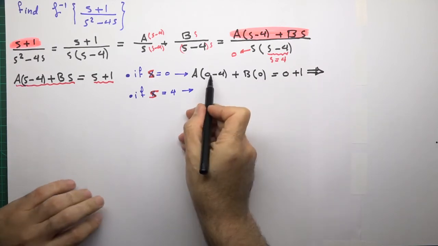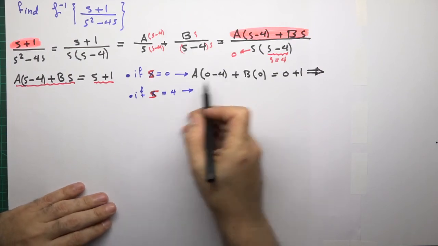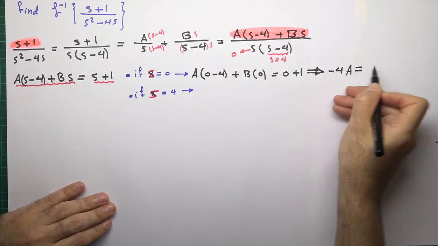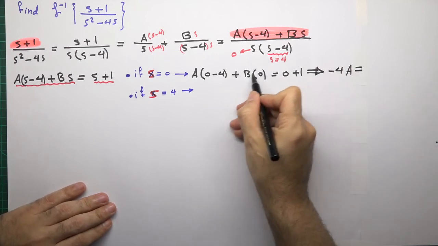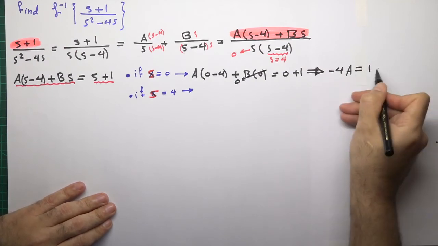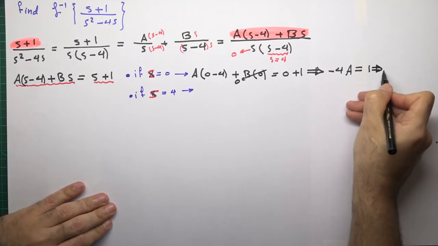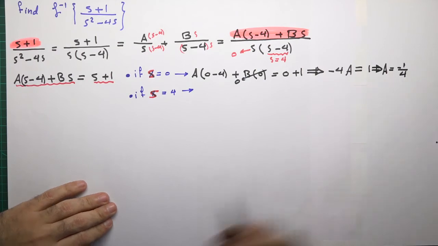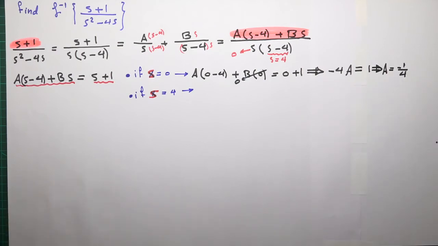It will be 0 minus 4A, this will be 0 as you know, equals 1, and we can divide by minus 4, and simply A equals minus 1 over 4. So this is the value of A.